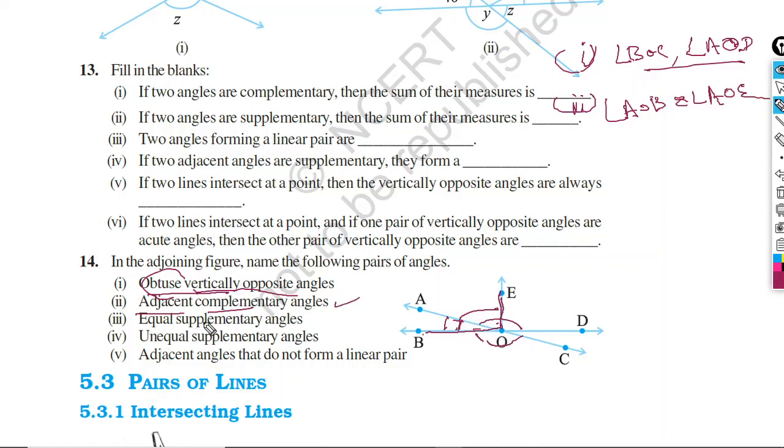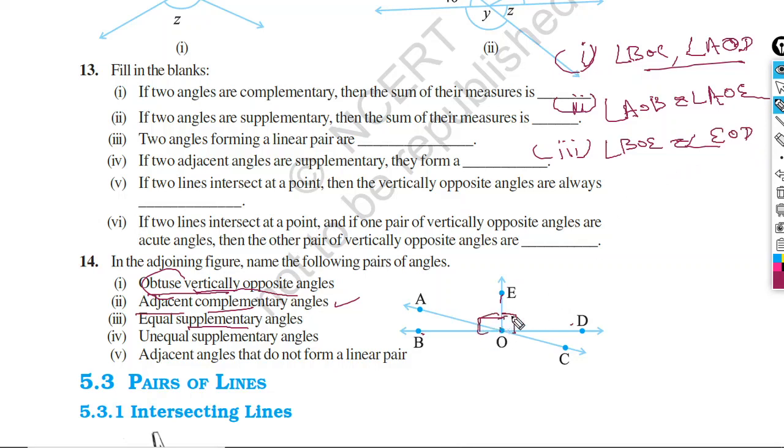Now, III: equal supplementary angle. I will clear the figure here. Look at the figure where you can find equal supplementary angles. The sum of the angles must be 180 degree and both the angles must be the same. So this will be angle BOE and angle EOD.